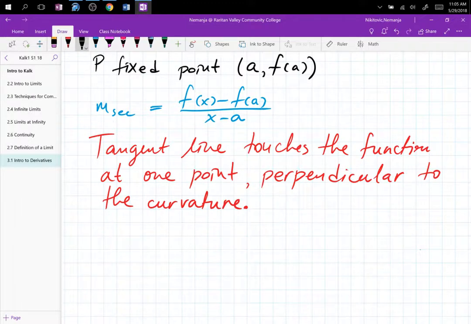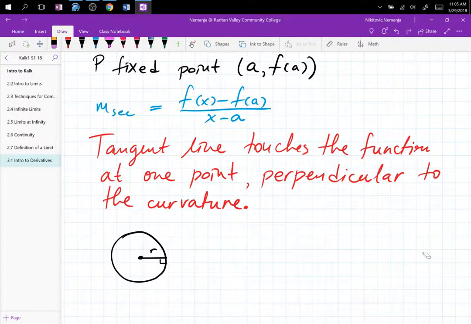The best way to explain this is to use a circle, which is actually not a function, but doesn't matter. So here's a circle, and I have radius r. Now, the tangent line would be there, and you see that there is a 90 degrees angle between the tangent line.